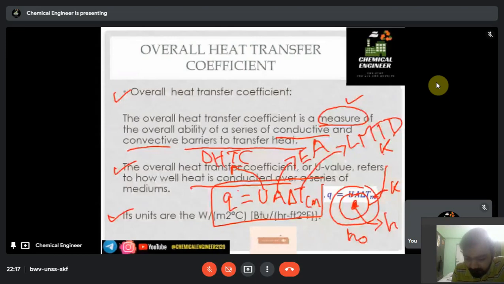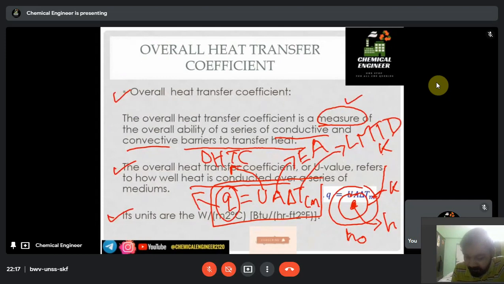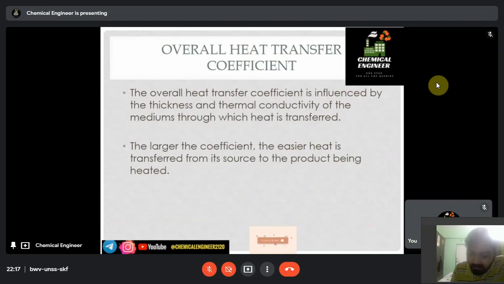Q is in the unit of watt, area is in meter square, and delta T Lm is in degree Celsius. So here Q is the heat transfer, generally in watt.